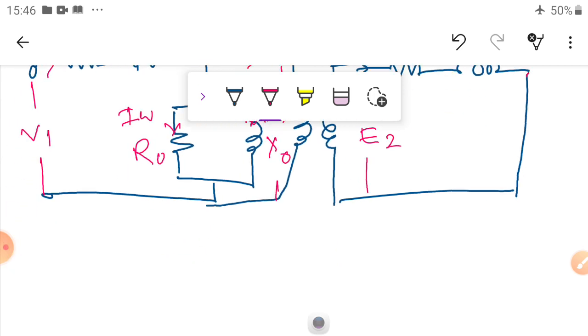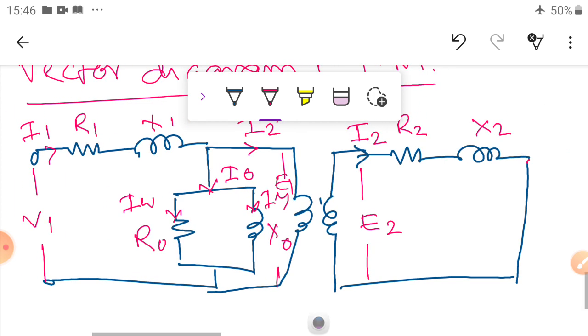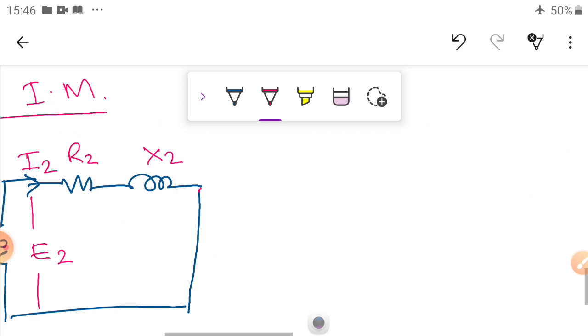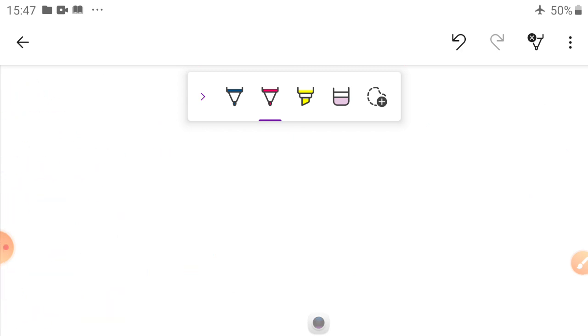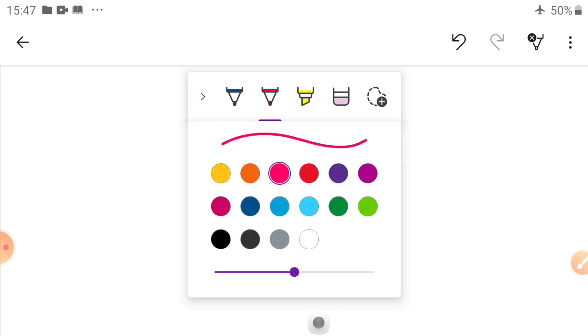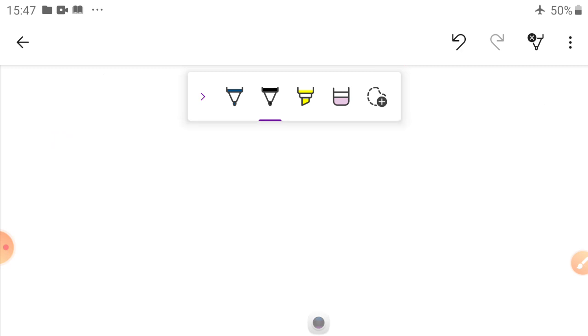Based on this, I am going to draw the vector diagram. Take the black graph and take it in this direction.